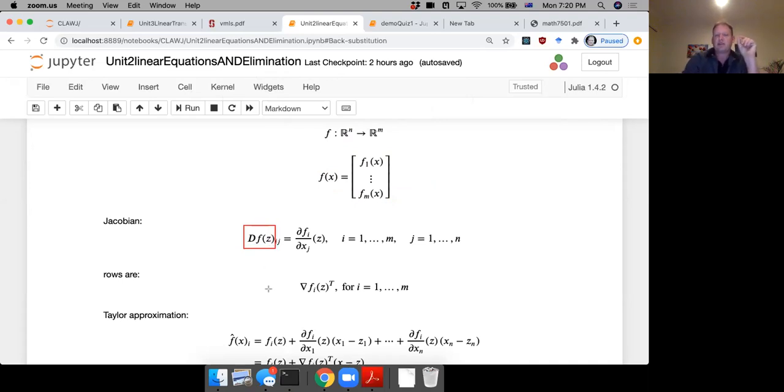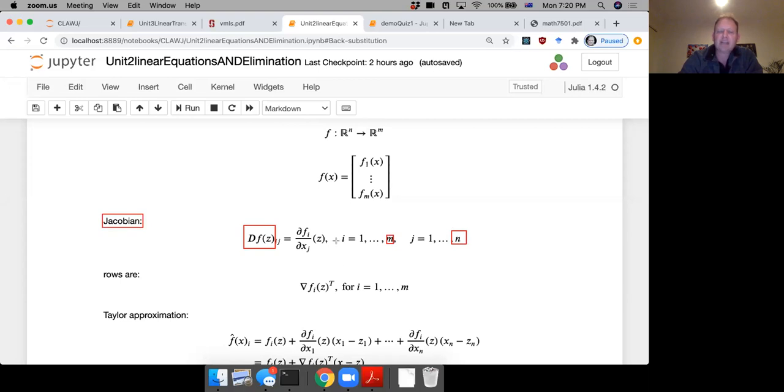This notation D is called the Jacobian. Jacobian is a person. And that matrix is an m by n matrix.